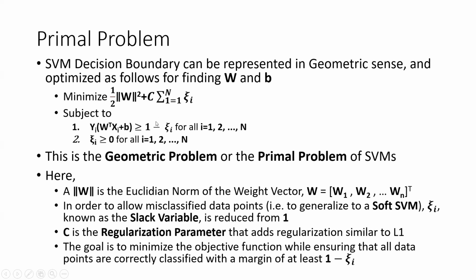Because of that, we have to use this slack variable so that this condition is satisfied. The slack variable is compromising the accuracy of the model to make it possible with soft SVM. To go from a hard SVM to a soft SVM, we have to use these slack variables.